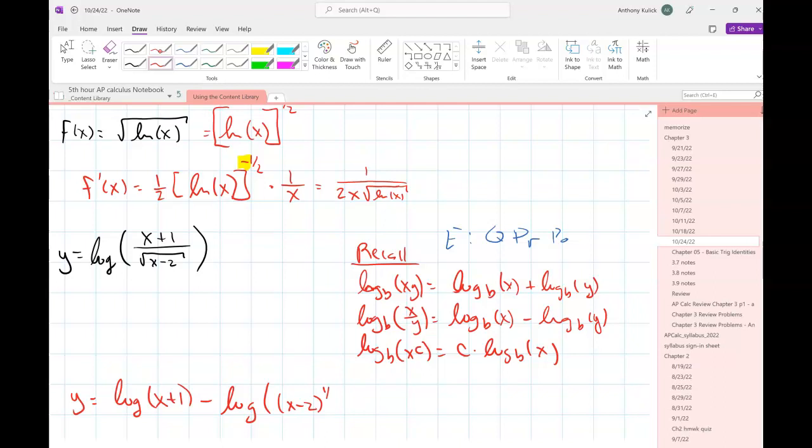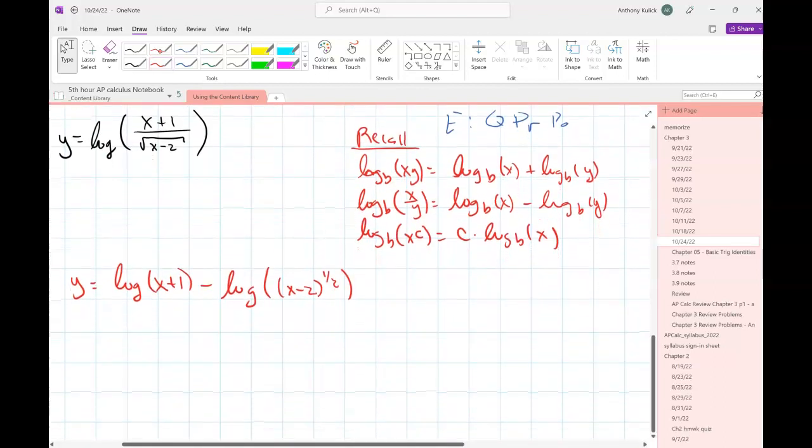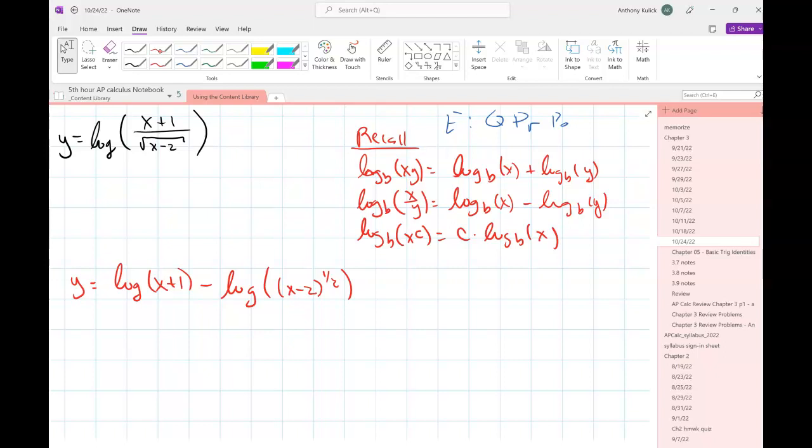And at the same time, I'm going to think about the square root as just the 1/2 power. No products going on here, right? No product property. I'll use the power property then to move the 1/2 as a coefficient.